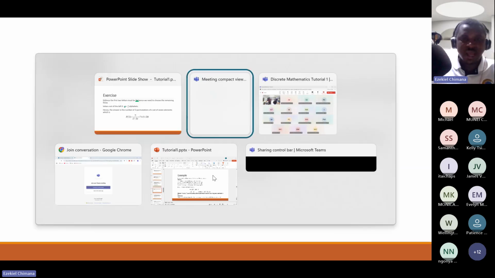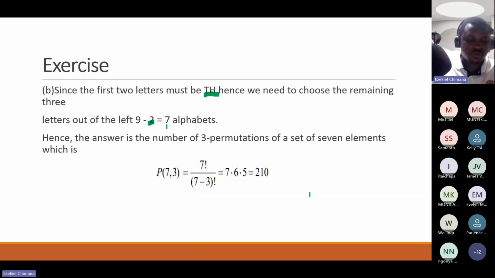From there you plug into the formula, just like that. Plugging into the formula is very, very easy. N factorial over N minus R factorial. So 7 factorial is 7 times 6 times 5 times 4 times 3 times 2 times 1.